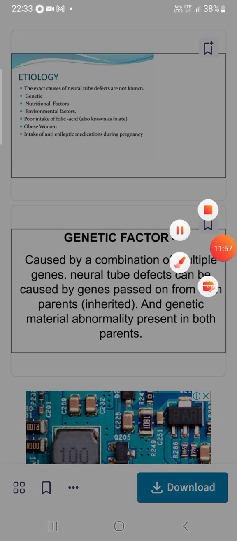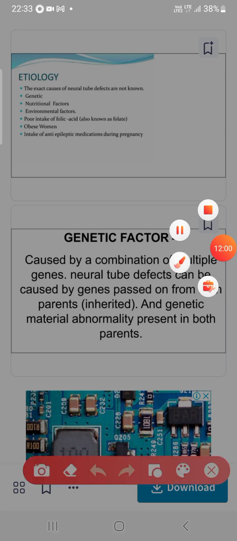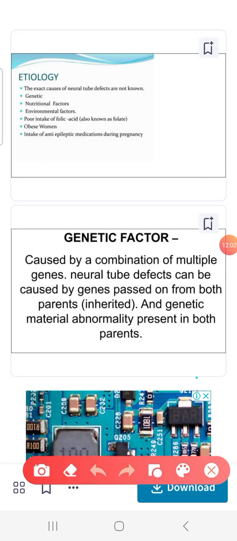First one is the genetical factors. Neural tube defects are caused by genes passed on from both parents, meaning an inherited process, and genetic material abnormality present in both parents, mother and father.